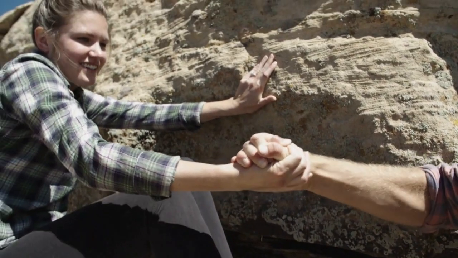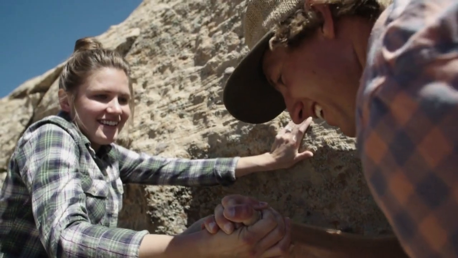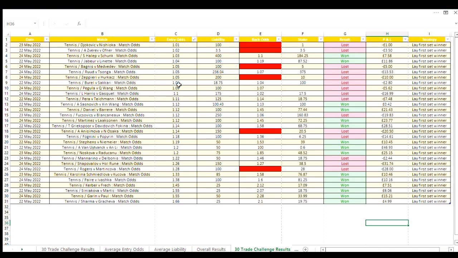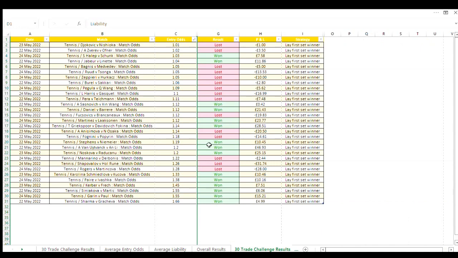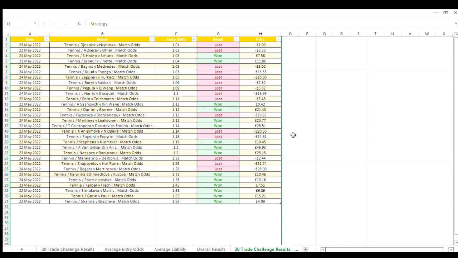Getting back to the video, as you can see, I've filtered it from lowest to highest. What I then went on to do was a bit of further analysis, because what I wanted to work out was my strike rate. Let me show you how I did that. For the time being, I'm just going to hide these three columns because I don't need them. I'm going to hide the strategy column as well because I don't need that.